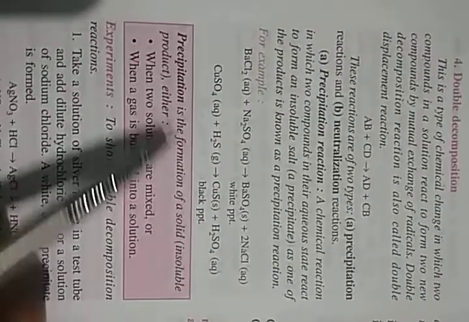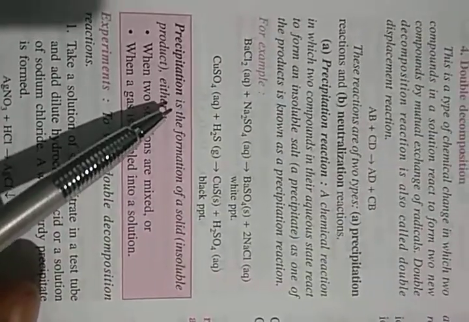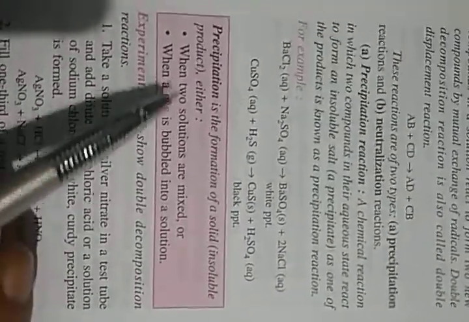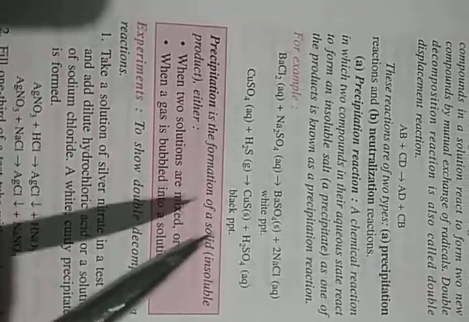Here is barium sulfate, a white precipitate, which is a compound, and sodium chloride is formed. So precipitation is the formation of a solid product which is insoluble. So in precipitation reactions, one precipitate will be formed.